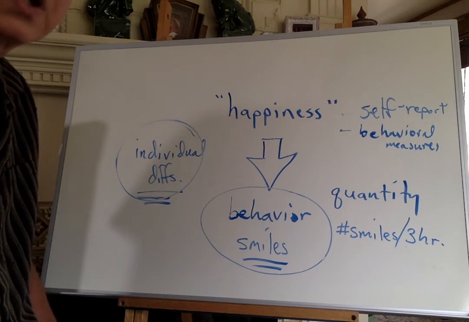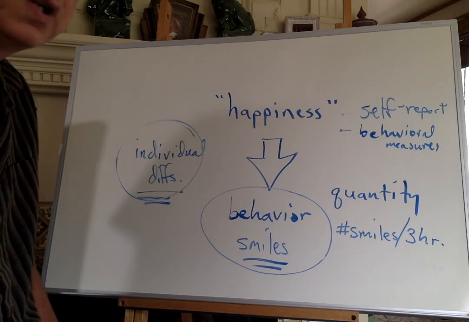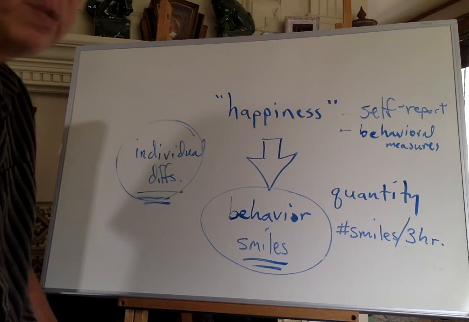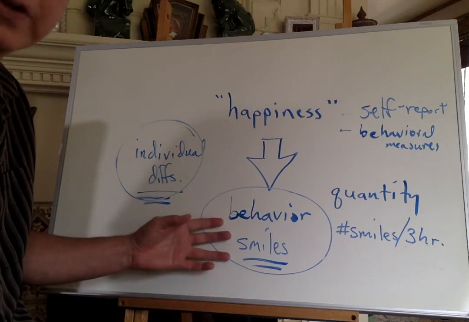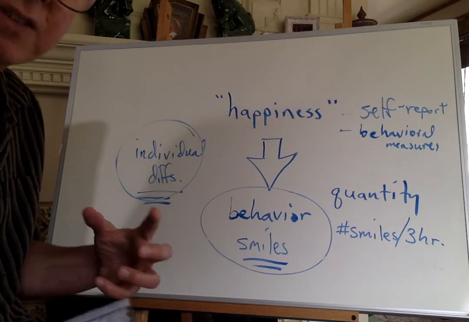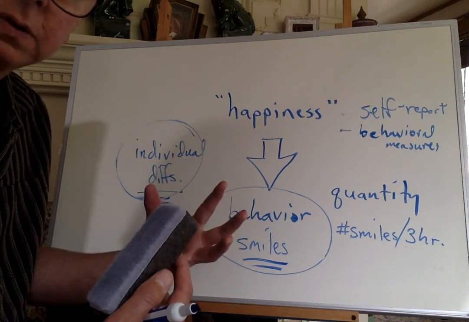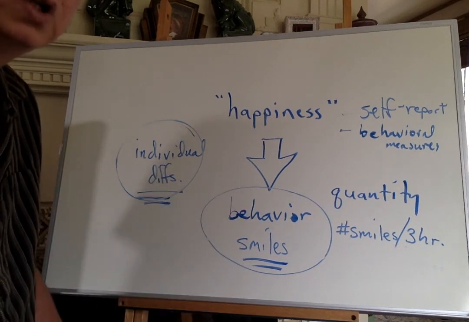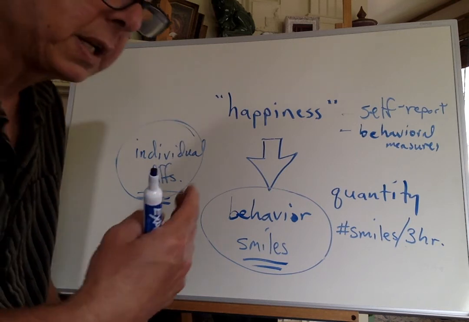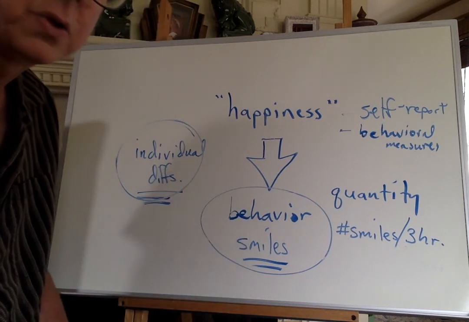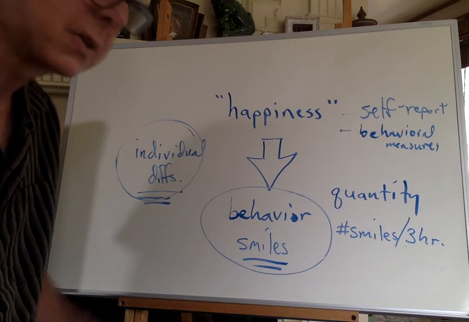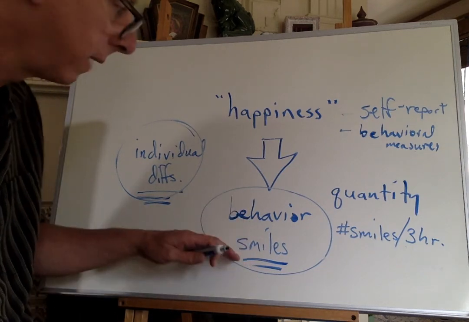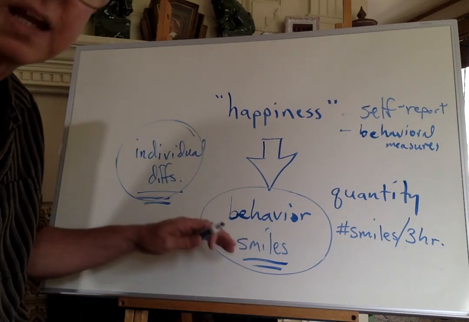For other things, for someone who's charitable, we might look at number of hours volunteered instead of having people do a Likert scale. We could have the amount of money that people contribute to charitable organizations on their IRS tax forms or something like that. That would be an indicator of a behavior.